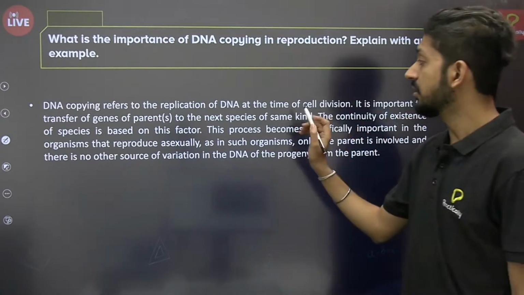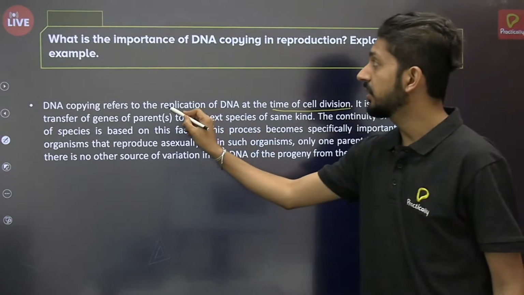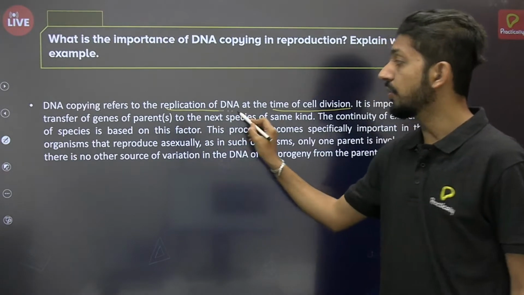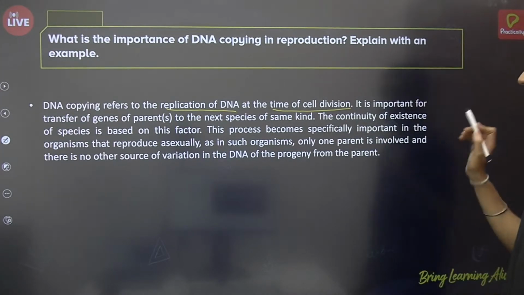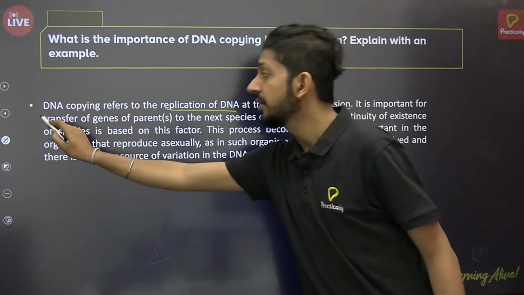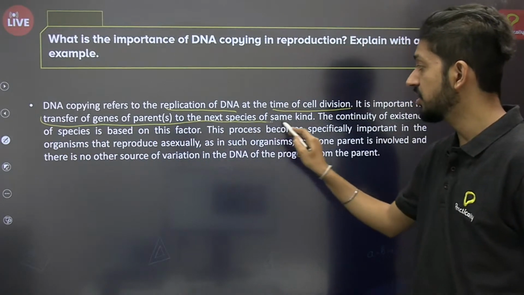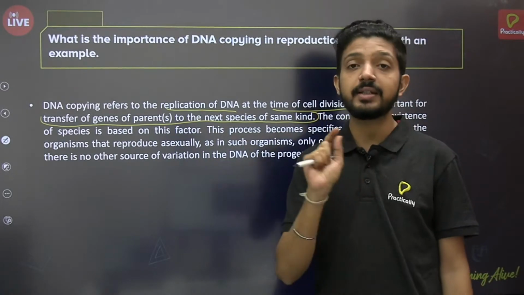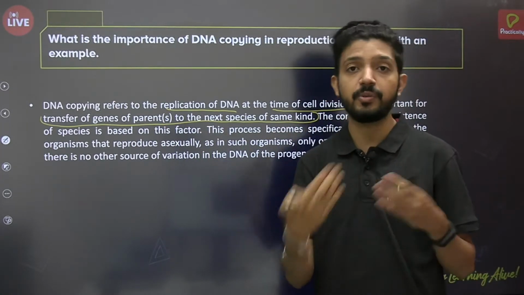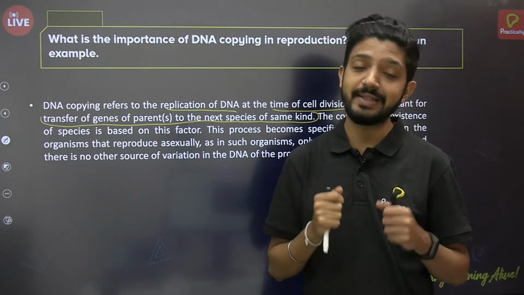This step occurs at the time of cell division, or in particular during the replication of DNA, which is an important step in the reproduction, and it is important for transfer of genes of parents to the next species of same kind. This entire phrase is important. It is for transfer of genes from parents to next generation. So for that to happen, the process of DNA copying is important.